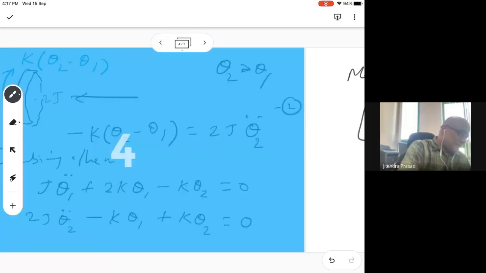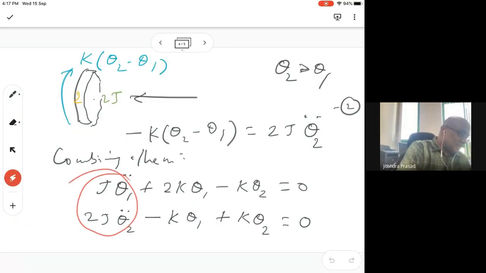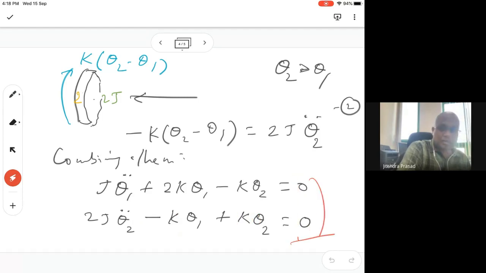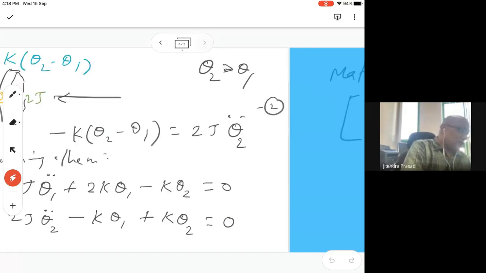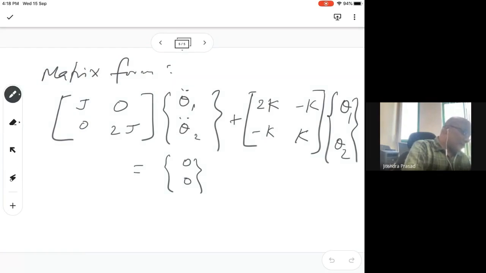You can see that you have a diagonal matrix here because there is no θ2 in the first row and no θ1 in the second. So this is the equation, and then we have to do the analysis.